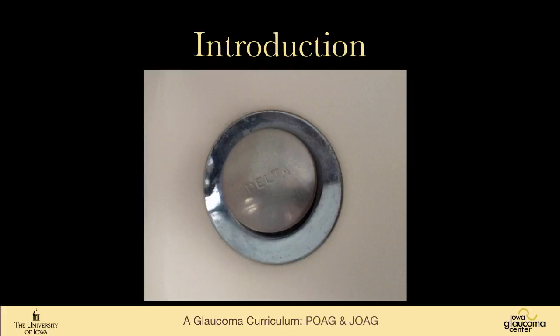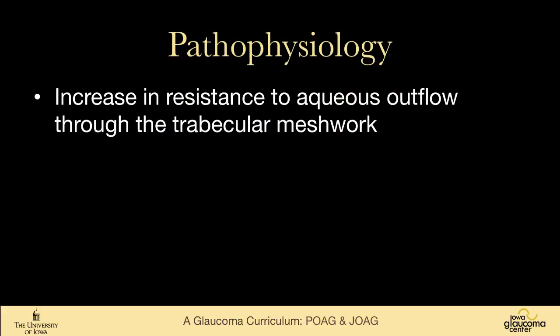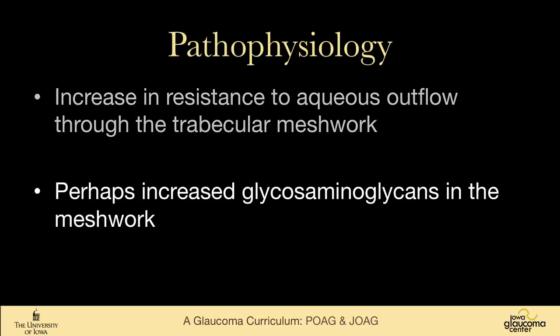We don't see anything in it. We don't see iris covering it or exfoliation syndrome or lots of pigmentation to indicate pigmentary glaucoma. It just looks normal. So there's an increased resistance to aqueous outflow through the trabecular meshwork. This is perhaps due to an increase in glycosaminoglycans in the meshwork.